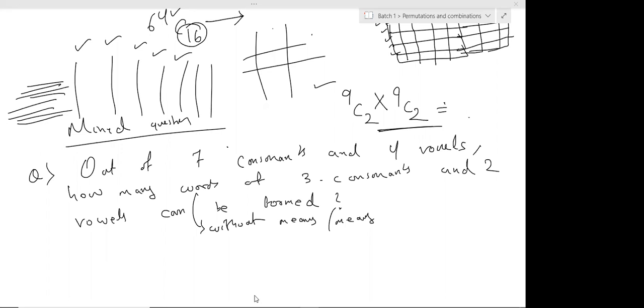Gautam, you also missed. See, this part is correct, but you need another thing to multiply here. You correctly chose 3 consonants out of 7, 2 vowels out of 4. Now you have to create words out of them also, right? Yes, sir. Yeah.